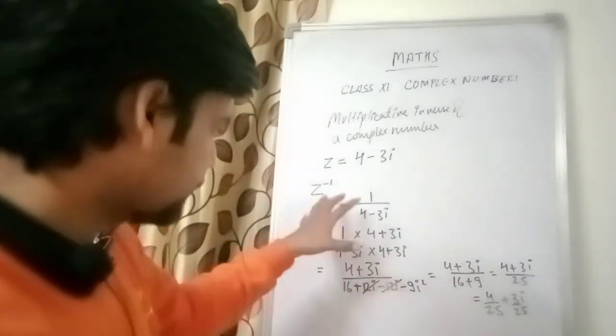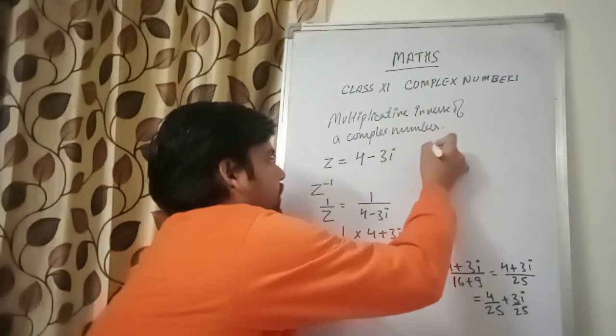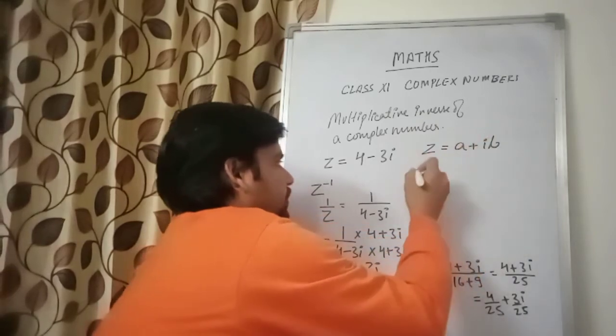Now instead of doing this, we can directly use the formula. The multiplicative inverse of the complex number a plus ib is given by the following formula.